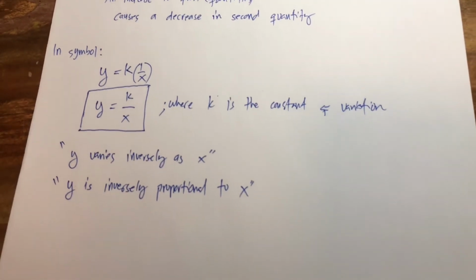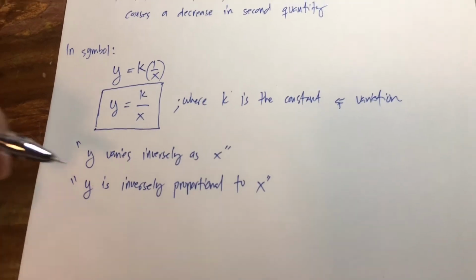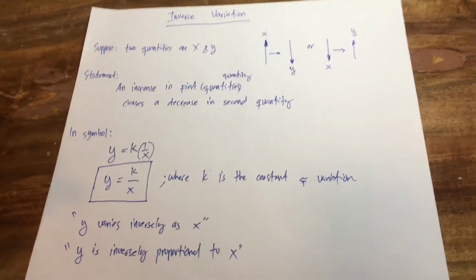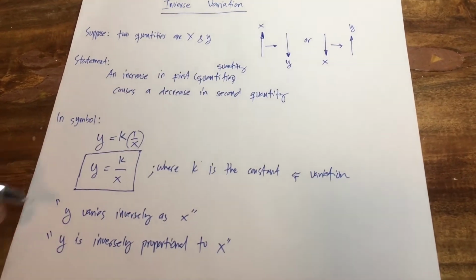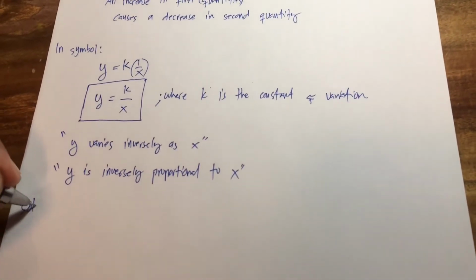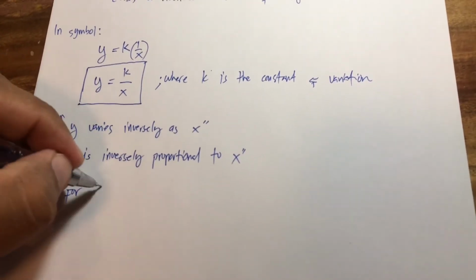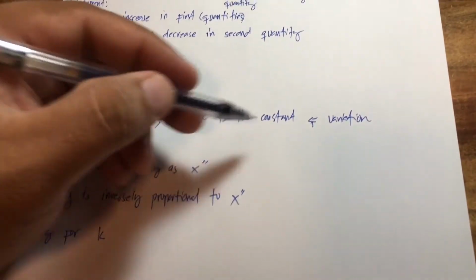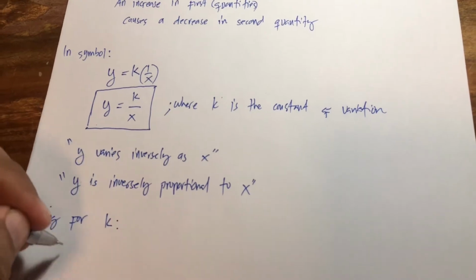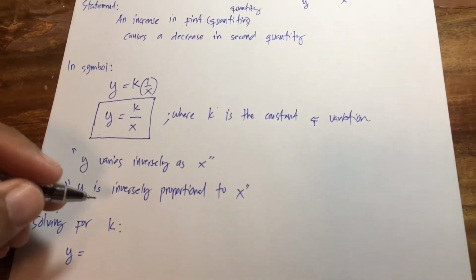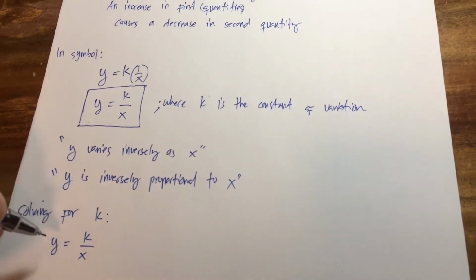In solving inverse variation, specifically if we are looking for a desired value, first and foremost we will solve for the value of k, where k is the constant of variation. So y equals k over x. This is our inverse variation.